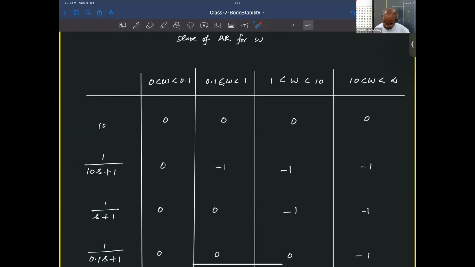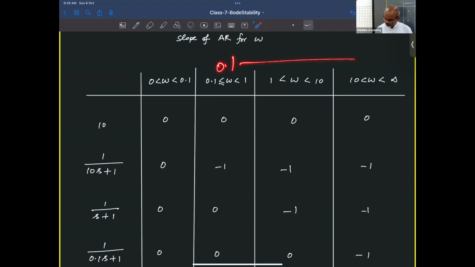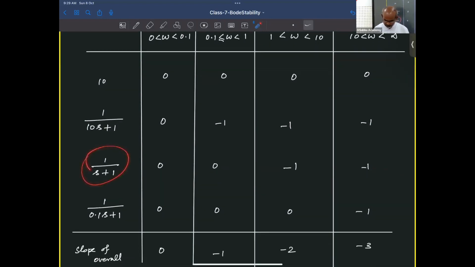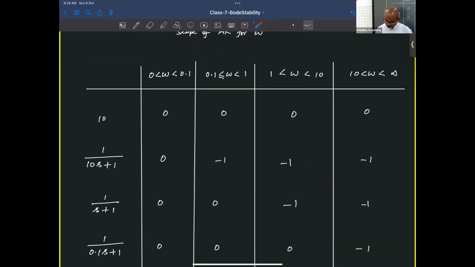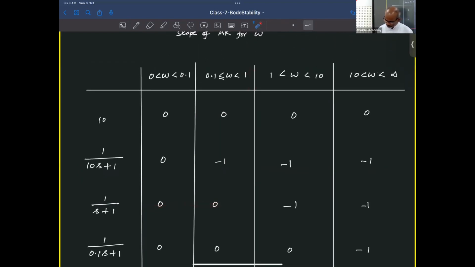I'm simply writing for 1 by 10s plus 1: till the range of 0.1 we have a slope of 0, and beyond that the slope is -1. It is simply from 0.1 till infinity the slope is -1. And for 1 by s plus 1, till a value of 1 the slope is 0. After that the slope is -1.